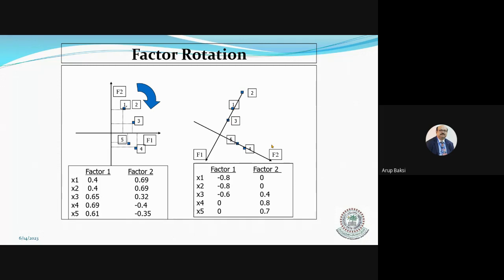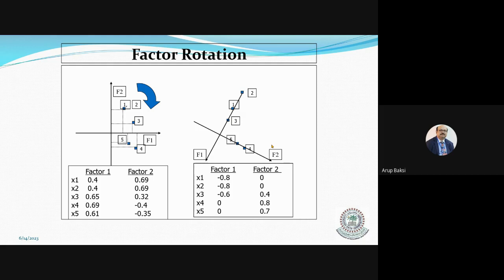In the output of the EFA, you will find one particular matrix called the factor transformation matrix. We will show it when the data analysis is taken up. The factor transformation matrix can also tell us the angle of rotation.